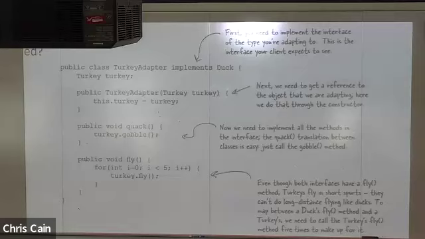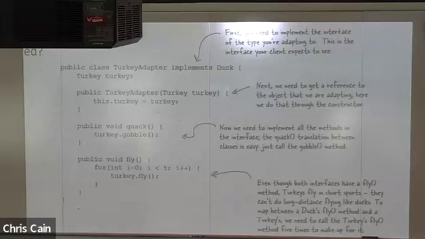So that's how we're going to implement this conversion logic. Now when I give orders to all of the ducks and say, hey, quack, the turkey in there will gobble. But it's responding to the command to quack, so it's quacking, right? It just stands out a little bit.